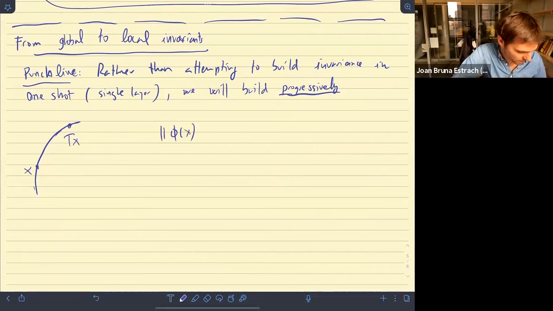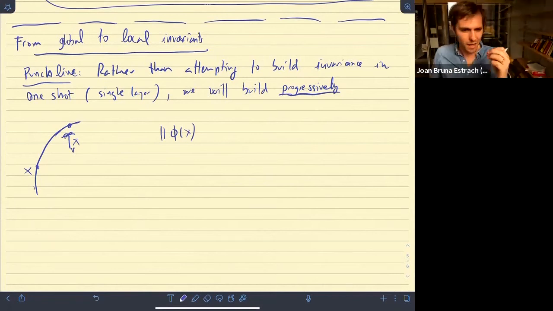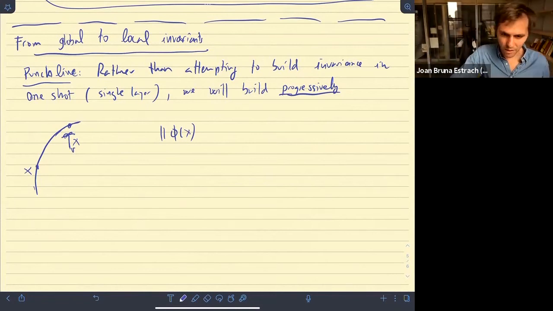So let me introduce some notion of distance along the orbit. Let's put here some v. Think of this like, if you have only one parameter, v would be like the time. I can travel a certain distance along the orbit, and v is something that depends on the distance.